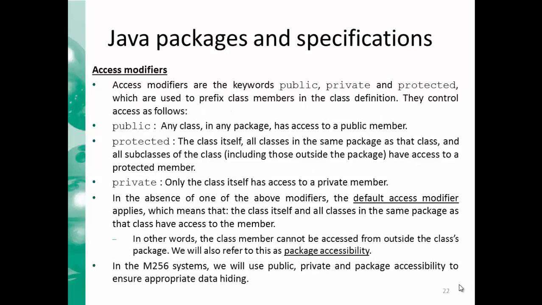So in access specifiers, or sometimes we call them access modifiers, we hide class members, which means class attributes, class methods, class constructors from other classes. And this hiding of information has different levels.